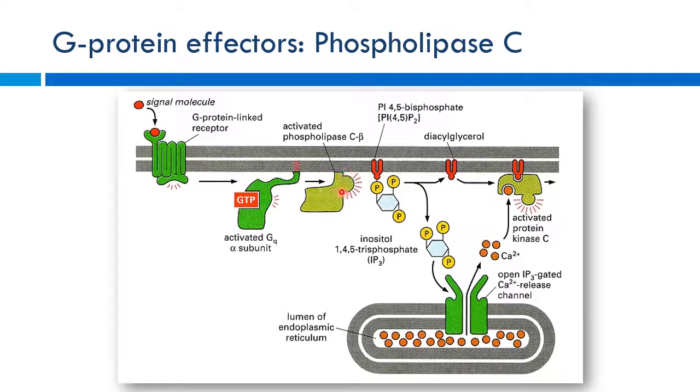And here's our phospholipase C, right? Starting off, this phosphatidylinositol is going to get broken down into that diacylglycerol. That can have some effects on protein kinases, but the important part is that IP3 goes along and will open up these channels to allow that calcium to flow out of the endoplasmic reticulum and then have whatever additional effects it's going to have.